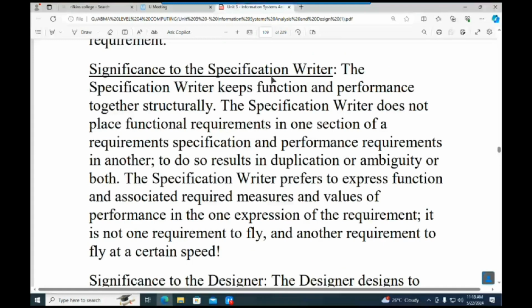To the specification writer, we need to understand that the specification writer is going to keep the function and the performance together, but structurally. He does not actually place the functional requirements in one section of a requirement specification and performance in another. If he does that, then we are going to have a duplication or maybe an ambiguity of those particular requirements.